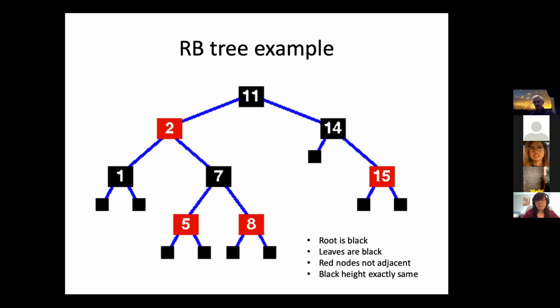So you store your data in a red-black tree, and it'll allow you very fast operations of insert, search, and delete. It's way better than arrays, because in an array, I can search in log n, but I can't insert or delete in log n. Here I can do that. It's better than linked lists, because in a linked list, I cannot search in log n. Here I can search in log n.